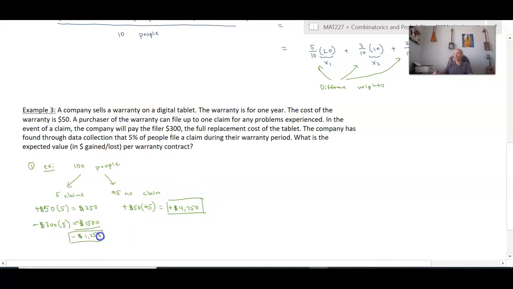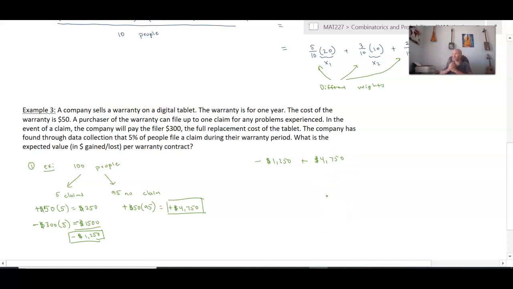We lost $1,250 on those that did file a claim. So in net, we came up with a loss of $1,250 and a gain of $4,750. Now that's the total gain.